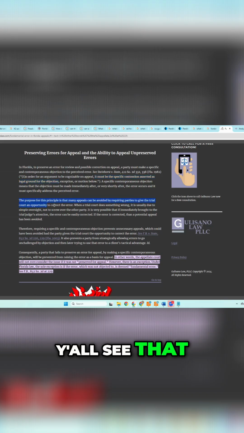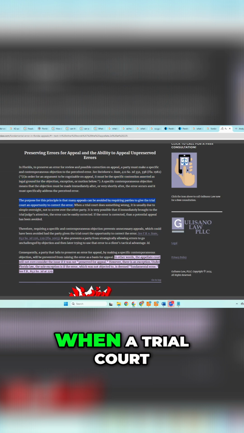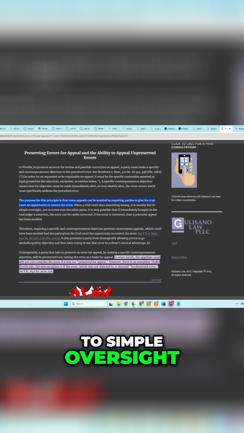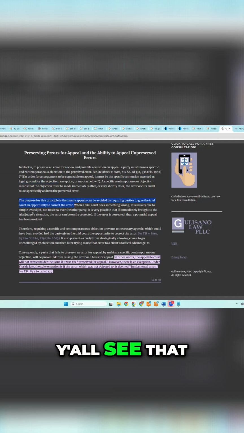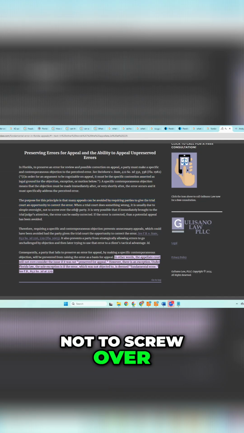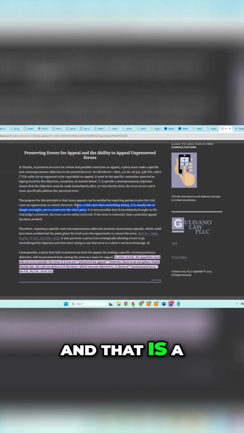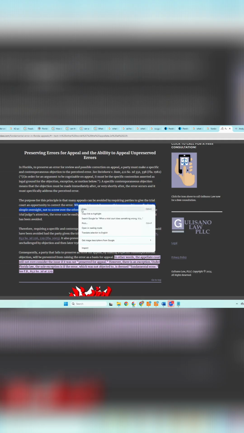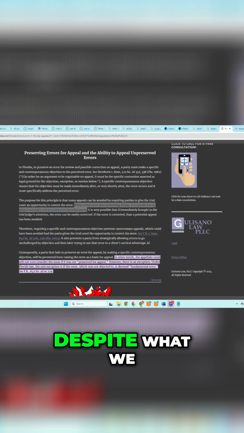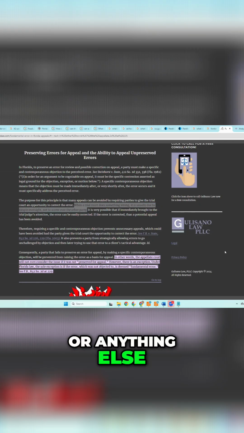Y'all see that? This is actually a great article that we stumbled on. When a trial court does something wrong, it is usually due to simple oversight, not to screw over the other party. That is a very important one right there. Despite how we may feel or anything else, do you all see that?